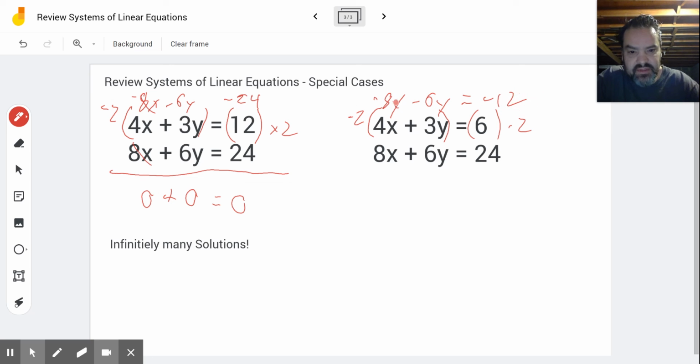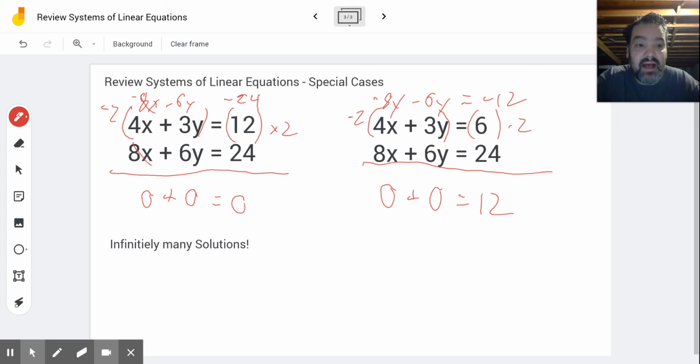So you'll see what happens here if I add these. -8x and 8x is 0. -6y and 6y equals 0. And then I get -12 plus 24 equals 12. When does 0 equal 12? Never. 0 is always equal to 0, but 0 is never equal to 12.